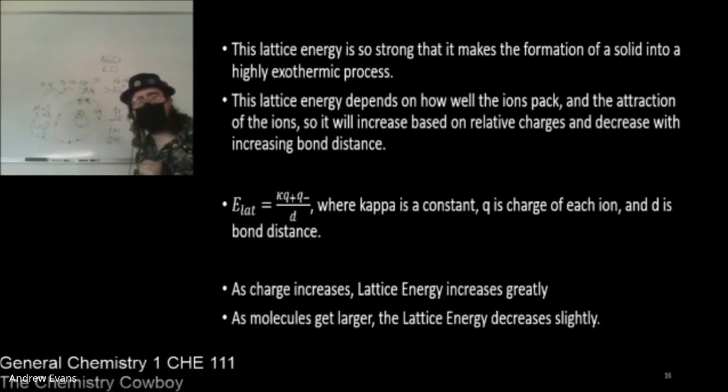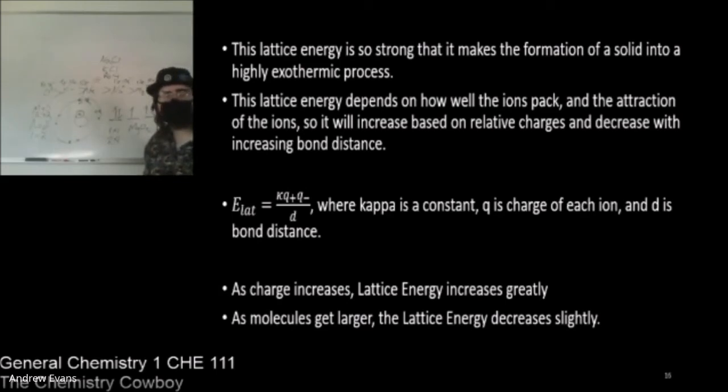The denominator increased, and so the resulting number becomes smaller by a bit. If I then went rubidium chloride, RbCl, rubidium is bigger than potassium, so the lattice energy would go down further.